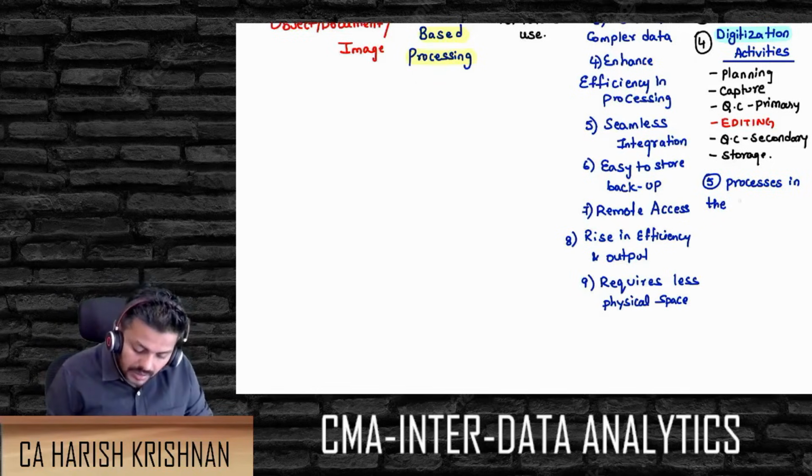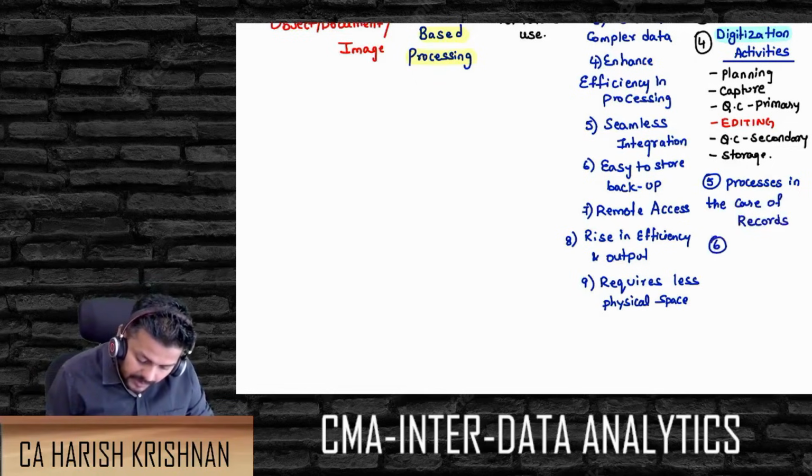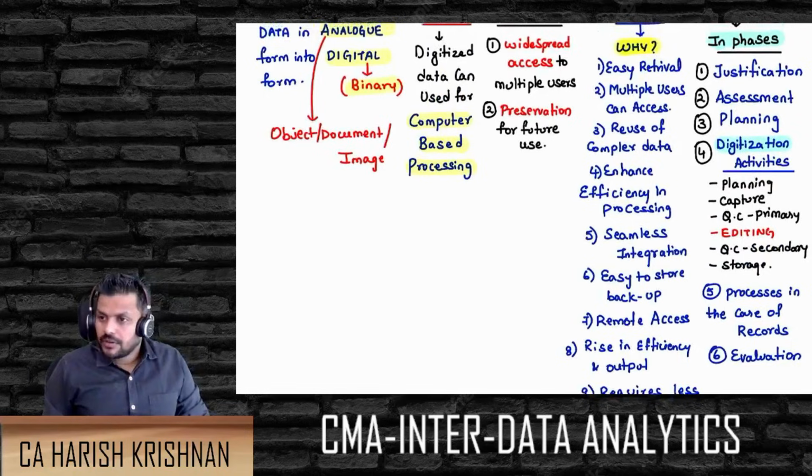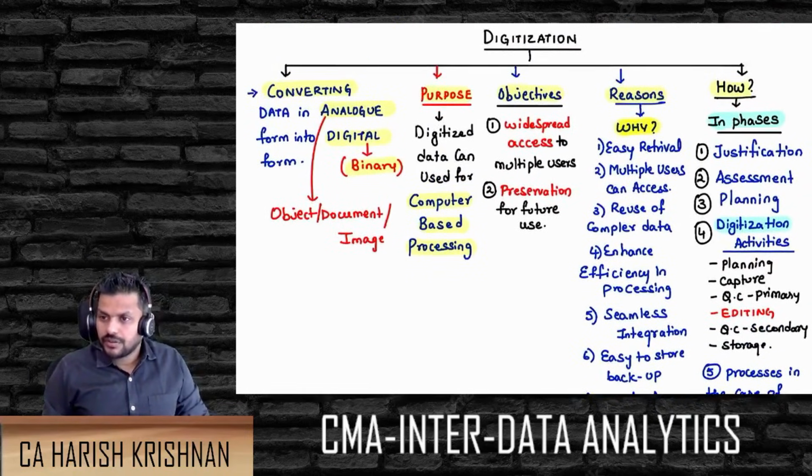Where are we storing? What are we doing? Processes in the care of records. And point number 6, without any hesitation, would be evaluation. So those are the 6 phases of digitization. So this entire thing is what digitization is, right?